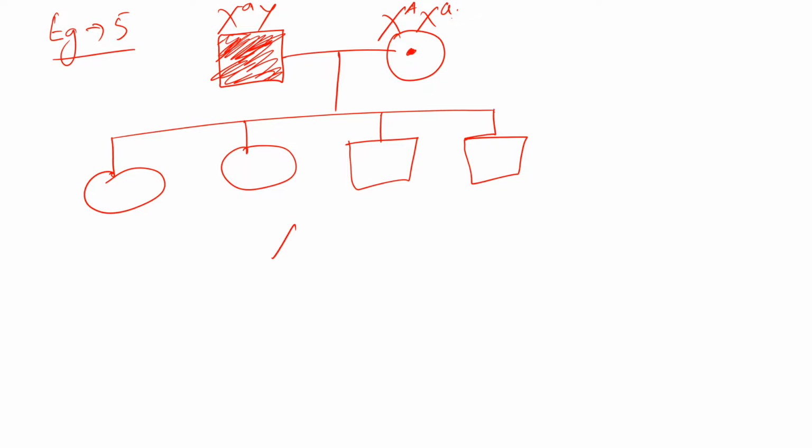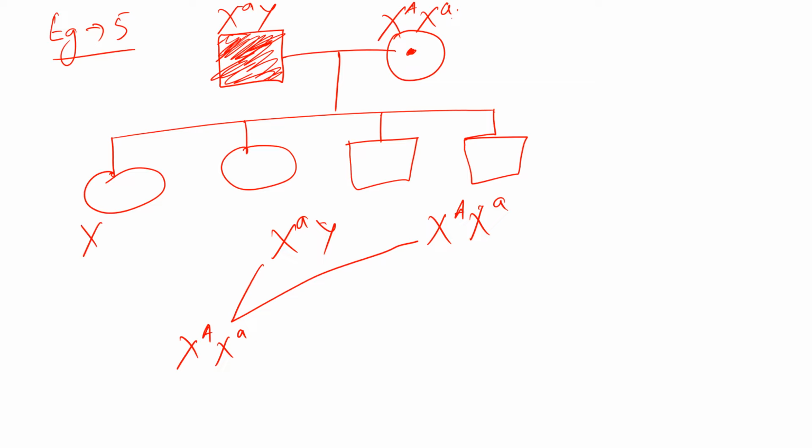So let's see the genetic makeup of their offspring. X with this one, XA, X small a. So this one XA, X small a, she will be unaffected, but she will become the carrier. This a and this a, both are recessive alleles, Xa and Xa.